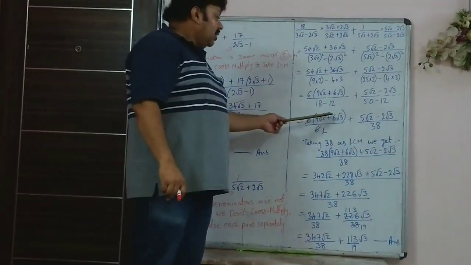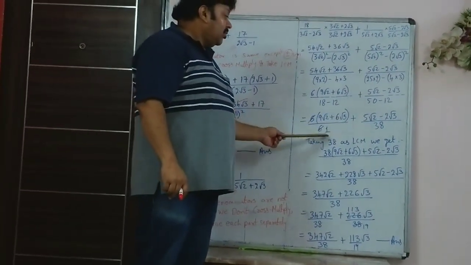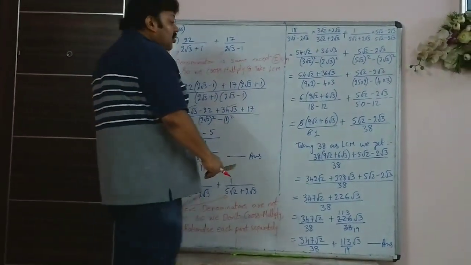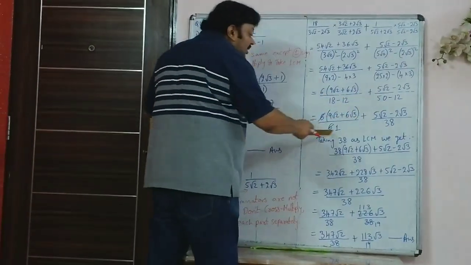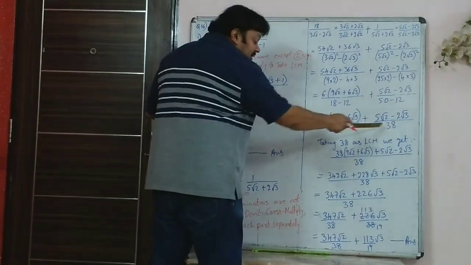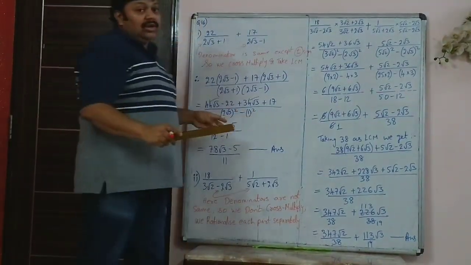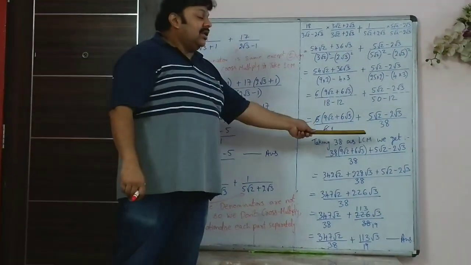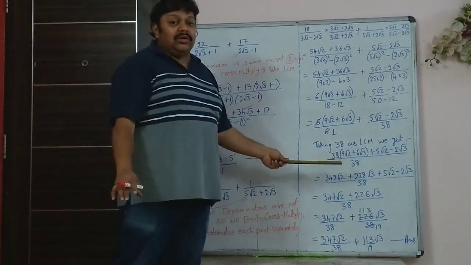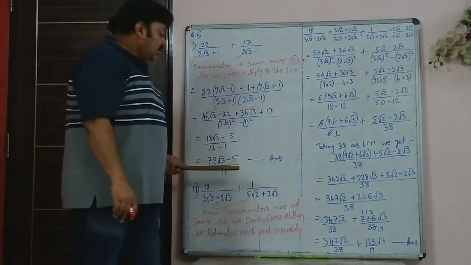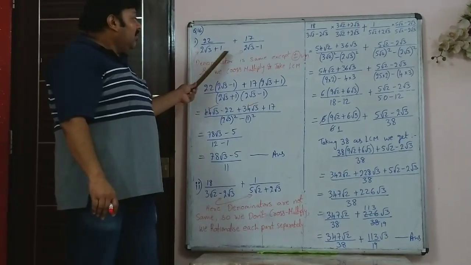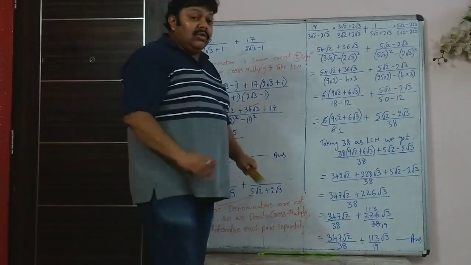And here it was already 9 root 2 plus 6 root 3 upon 1. So now I have to take the LCM to simplify. Now you can see the denominator does not have any root. So even after taking the LCM, you will not be left with any root terms in the denominator. Here the question simplify means eliminate the roots from the denominator.